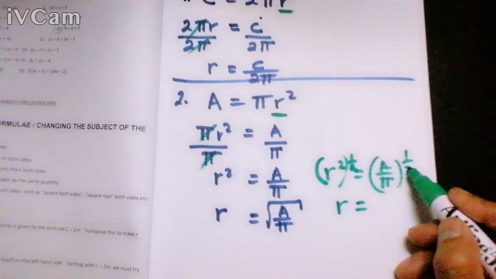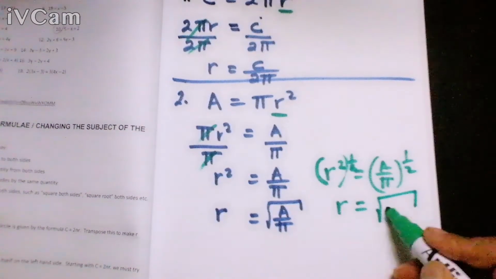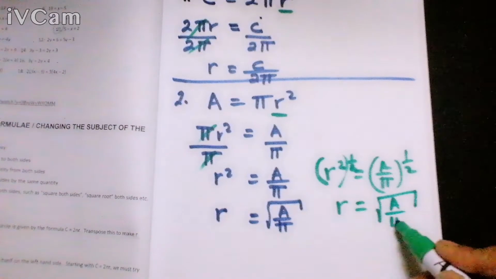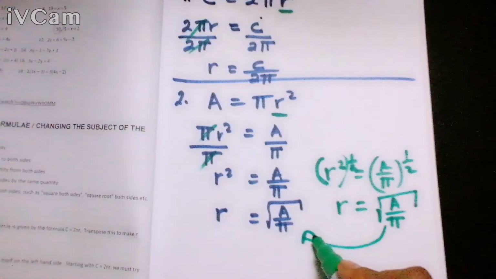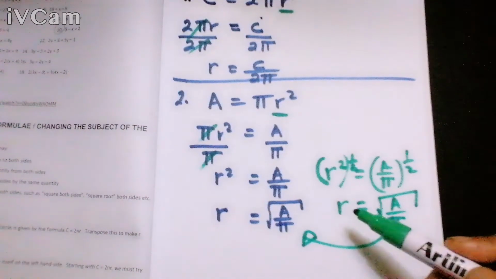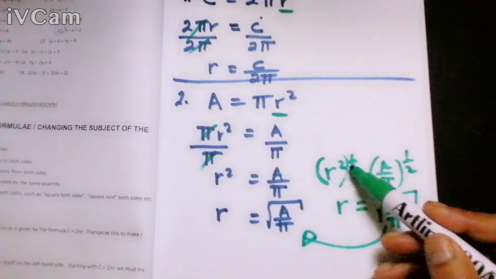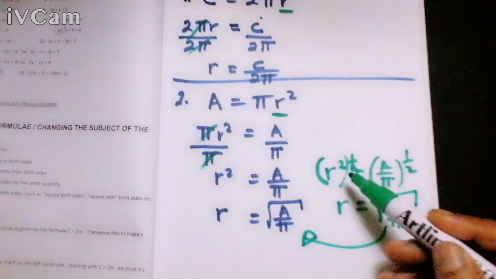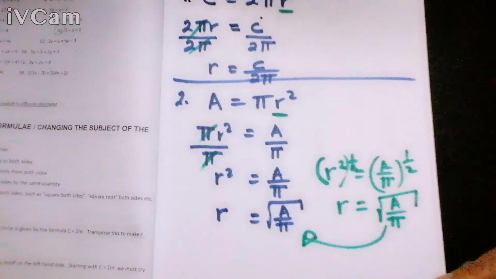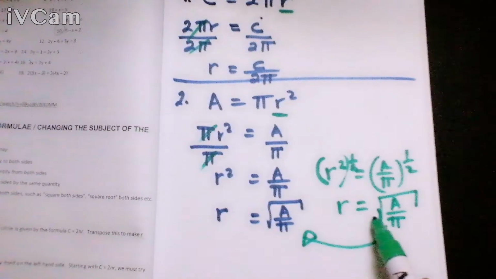Anything expressed to the power of half is actually a square root, so the square root of a over pi, and that's how we get this here. So to drop a square, we pick up a square root. The similar thing will apply to a cube. When you drop a cube, you pick up a cube root, and so on. So it's just a short form of doing what I've just done in more detail here.